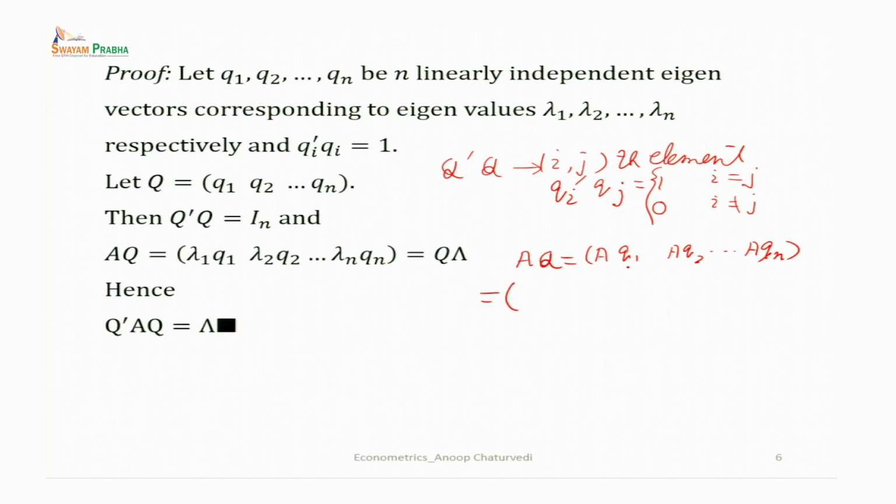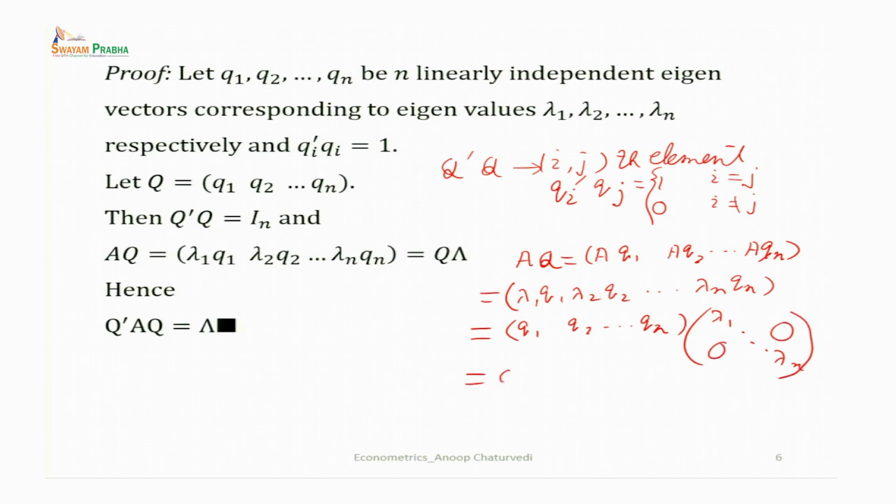Now, A q1 is equal to lambda 1 q1, A q2 is lambda 2 q2, and so on, A qn is lambda n qn. Then you can write it as A times [q1 q2 ... qn] equal to [q1 q2 ... qn] times the diagonal matrix with diagonal elements lambda 1, lambda 2, ..., lambda n, or A Q equals Q lambda.